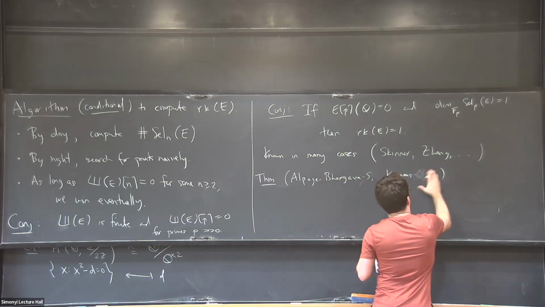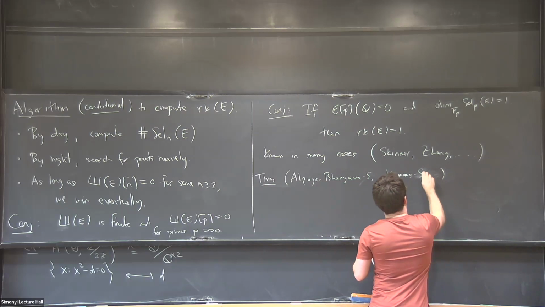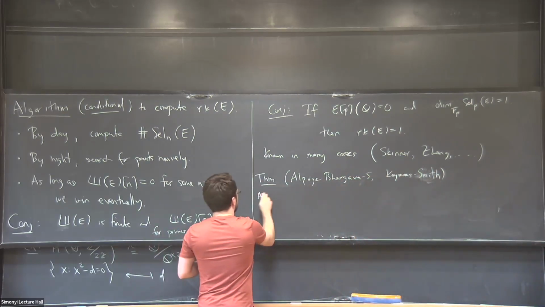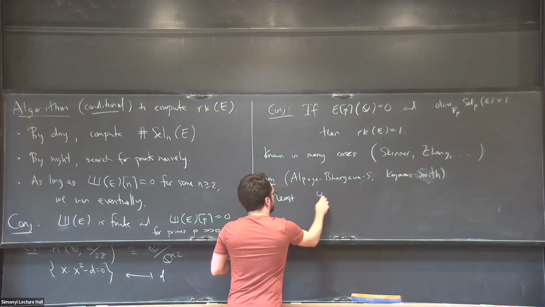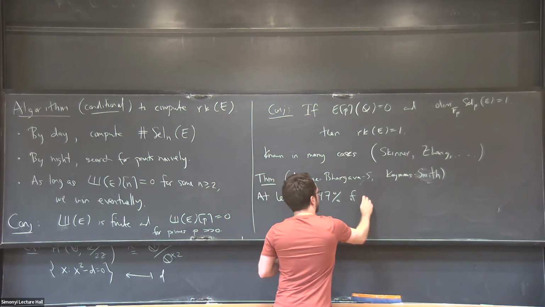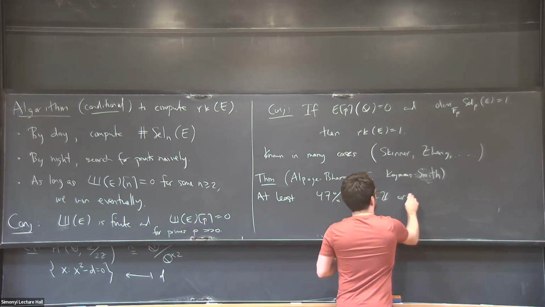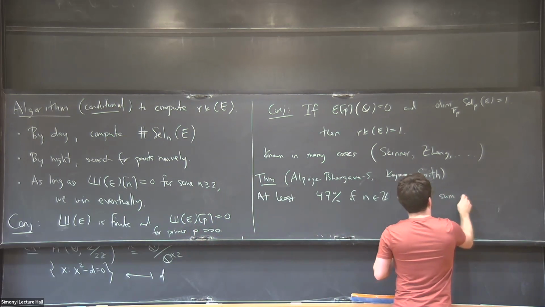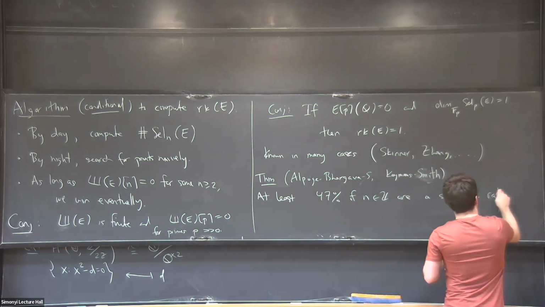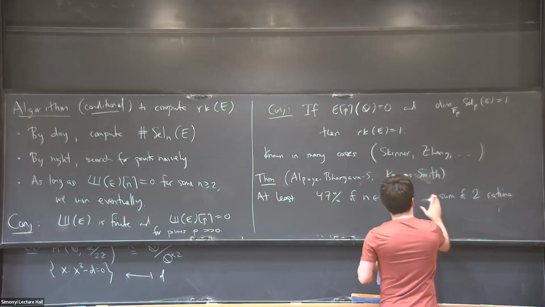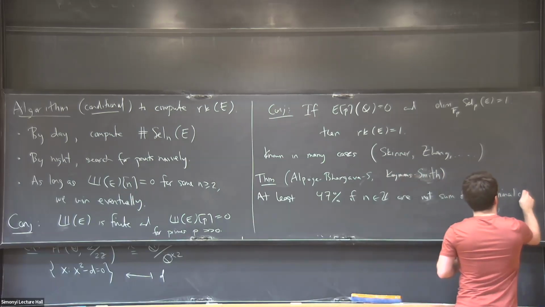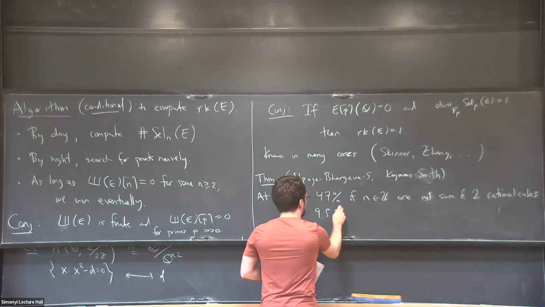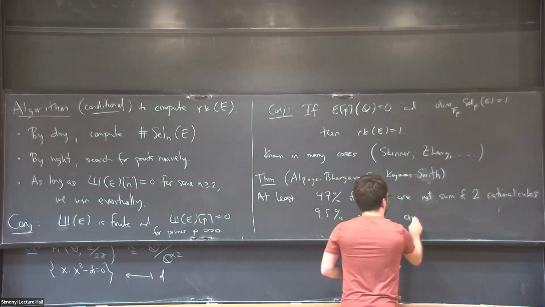It says that at least 47% of n are not a sum of two rational cubes. And at least, I think it's like 9.5% of n are.